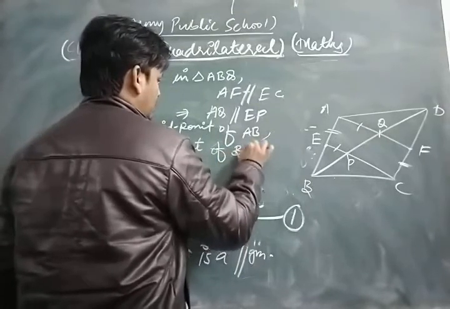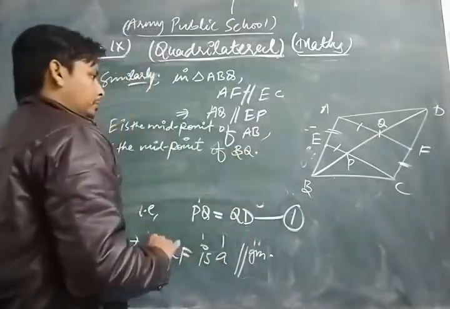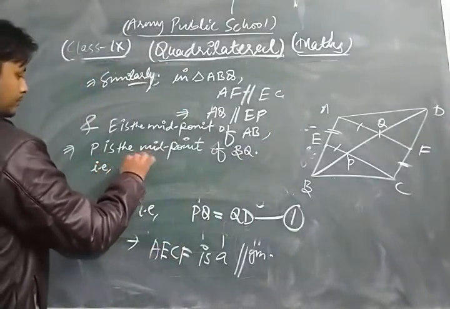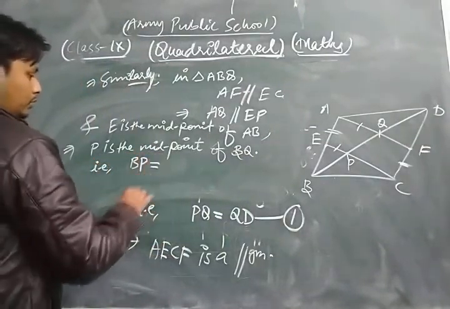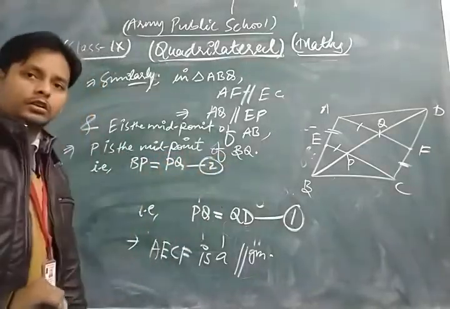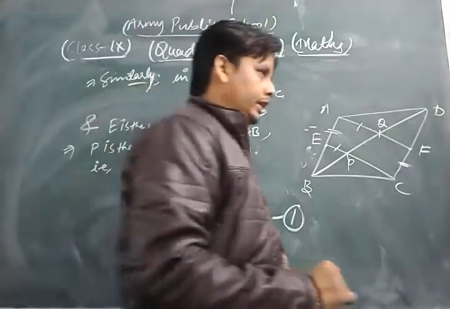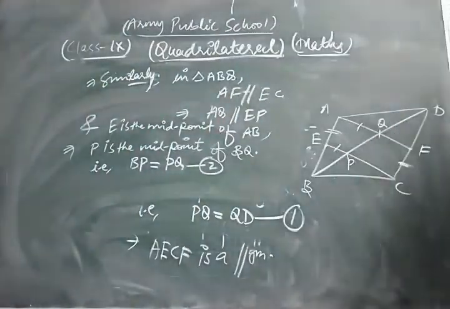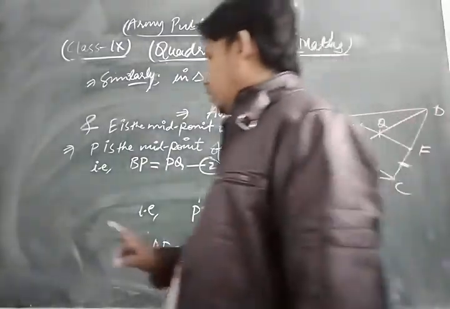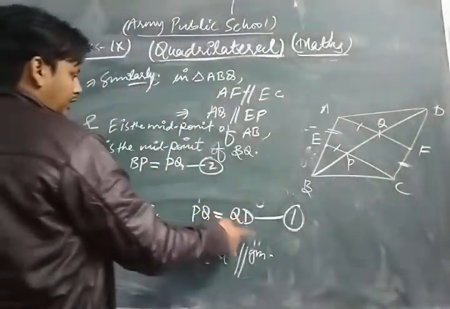That is, BP is equal to PQ. Take this as equation number 2. Now using equations 1 and 2.